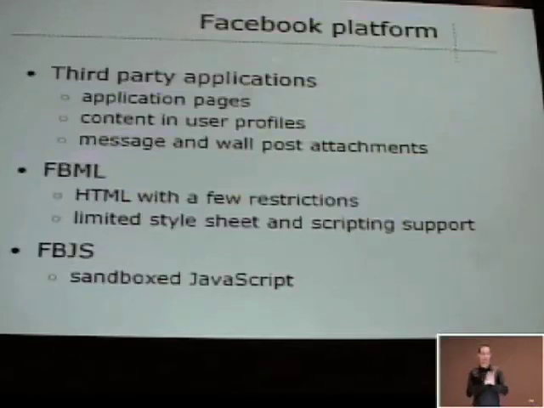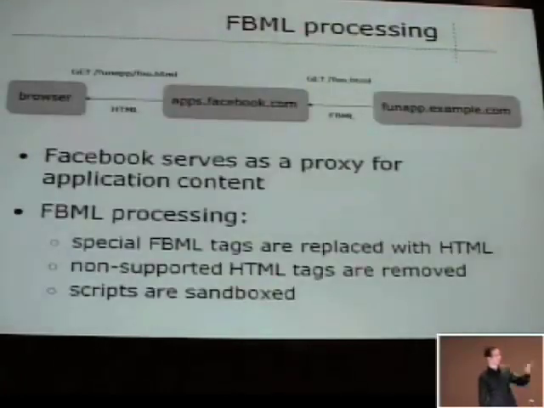So Facebook is one of the examples of sites that allow almost unrestricted HTML and JavaScript, and their cross-site scripting filter needs to be very, very good to block everything. So I wanted to find out how good it is. This is the typical architecture for a Facebook app.